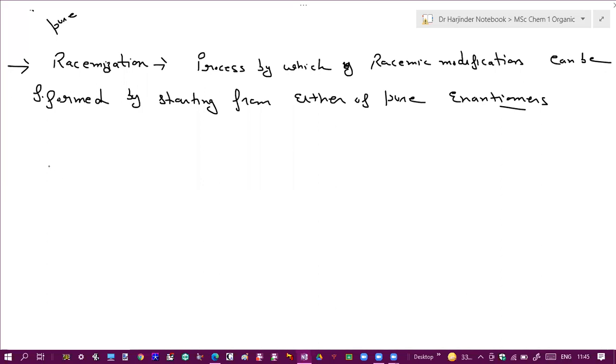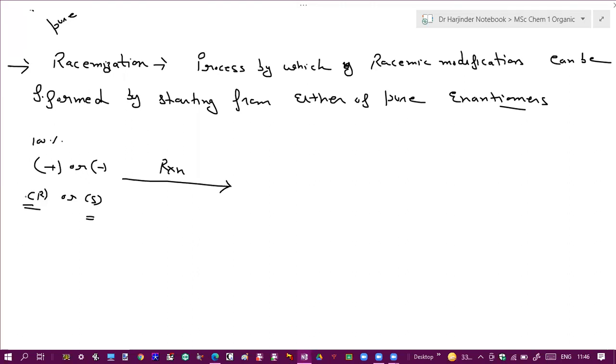Suppose you have one pure enantiomer, plus or minus, or R or S. That means to begin with, you had 100% either plus or minus, or 100% either R or S. Then you do some chemical reaction and convert this single pure enantiomer into racemic modification.